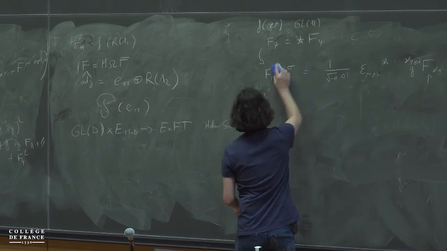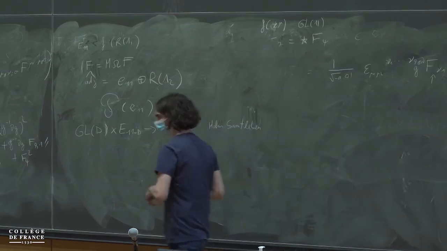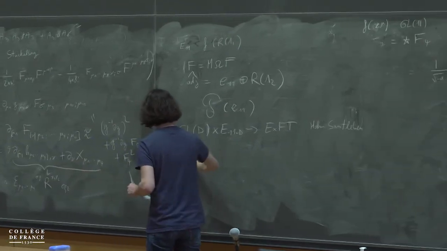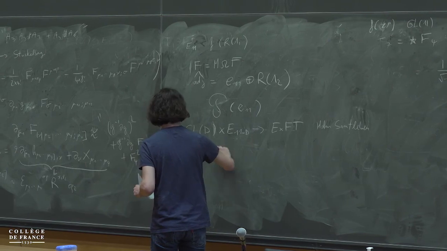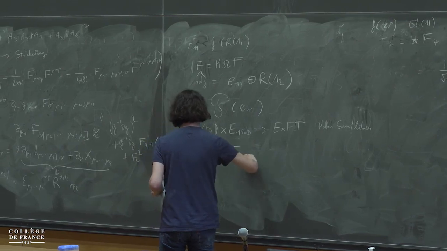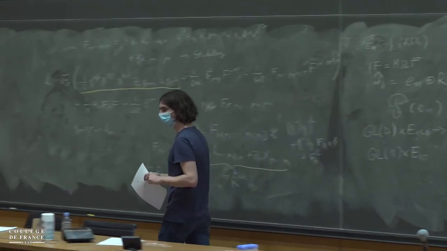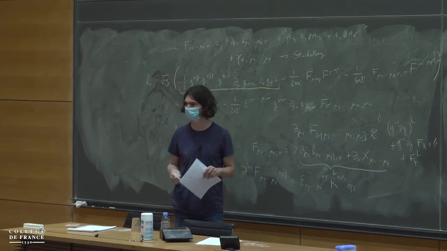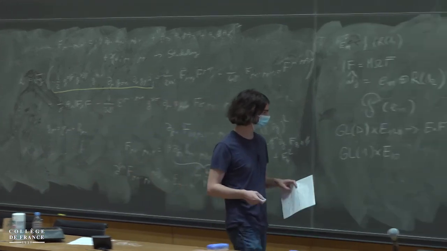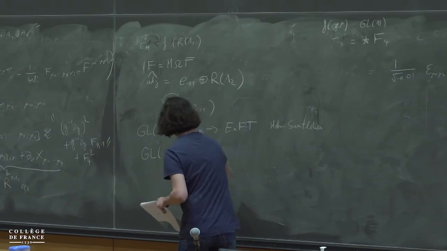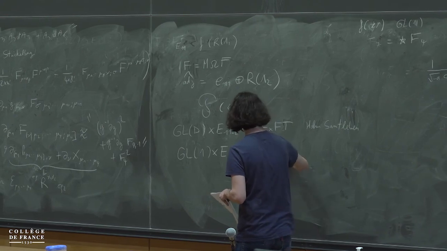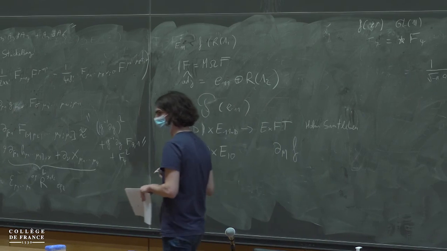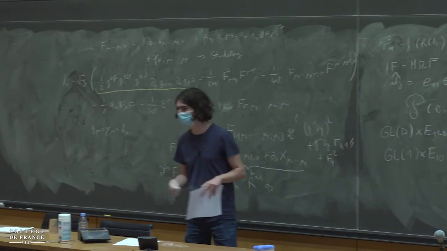What would be more interesting, and we only started to discuss in the paper, is what happens if we take instead just GL(1) times E10, because in that case, it's supposedly related to the cosmological billiard that Marc will explain to you in the following of his lecture. Essentially, the same as the gradient expansion, we should now neglect the internal derivative of all fields corresponding to the E10 direction.